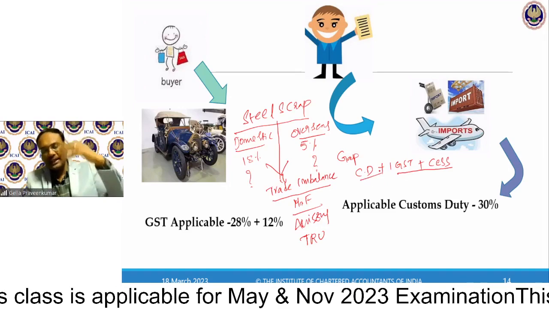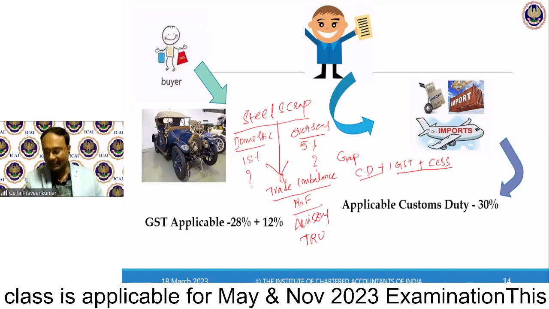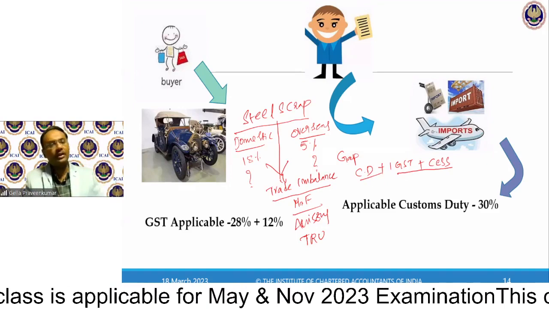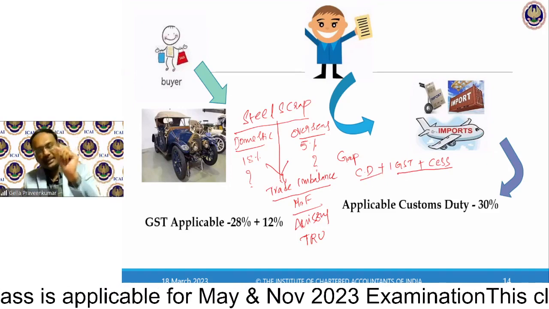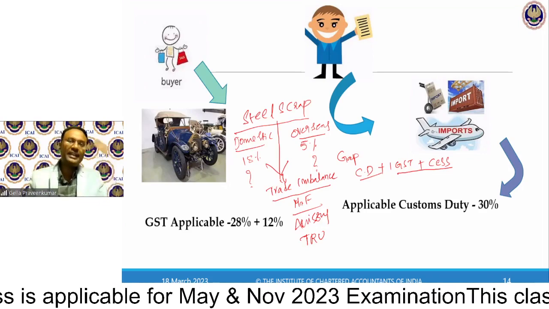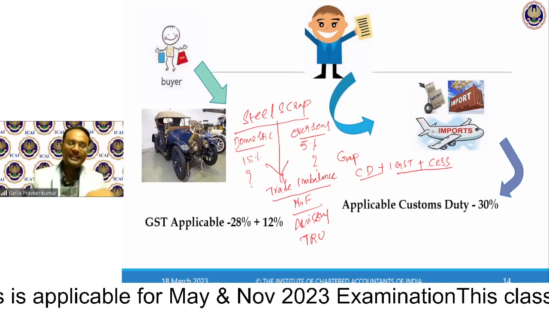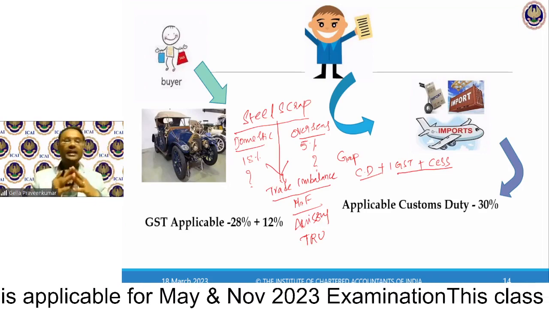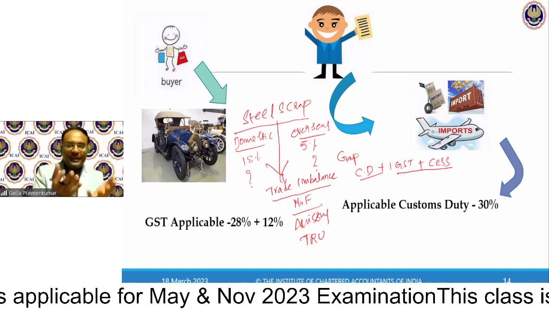So if you recollect your definition of assessment, I made you write a point: duty plus taxes plus cess. The logic why the customs law refers to any other tax at a point in time is for this particular purpose, just to fill this imbalance.